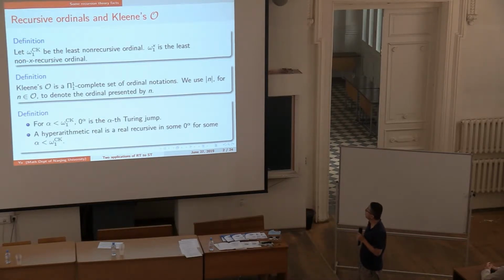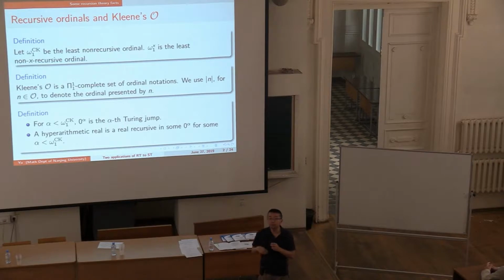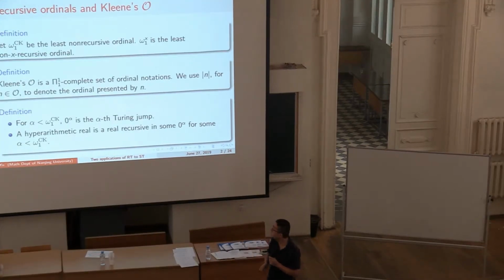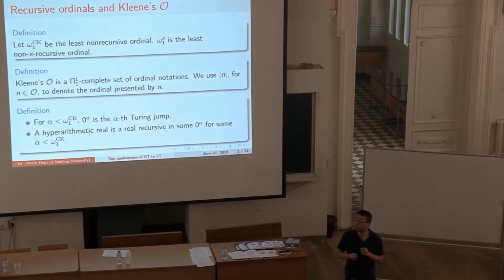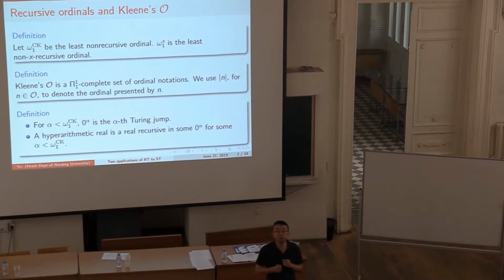We can also push the Turing jump to higher levels. Zero jump is the halting problem, then the halting problem relative to the halting problem is the zero double jump, then the zero triple jump, or even zero to the omega, and go on. For an arbitrary recursive ordinal alpha, we can define the alpha-th Turing jump, but beyond omega_1^CK it makes no sense because the enumeration is not recursive.